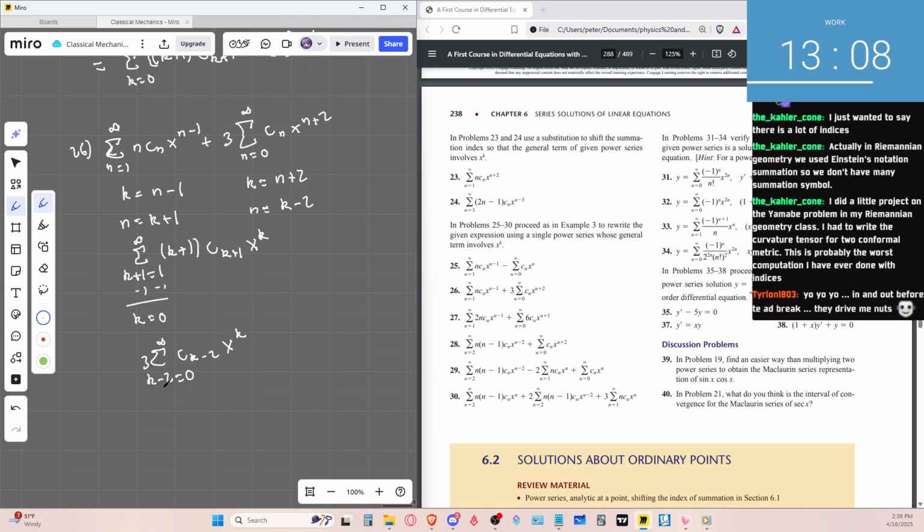Okay, so that's the way they wrote it in the solution. Let me just write that like that. Now this part is where I kind of get a little bit lost.